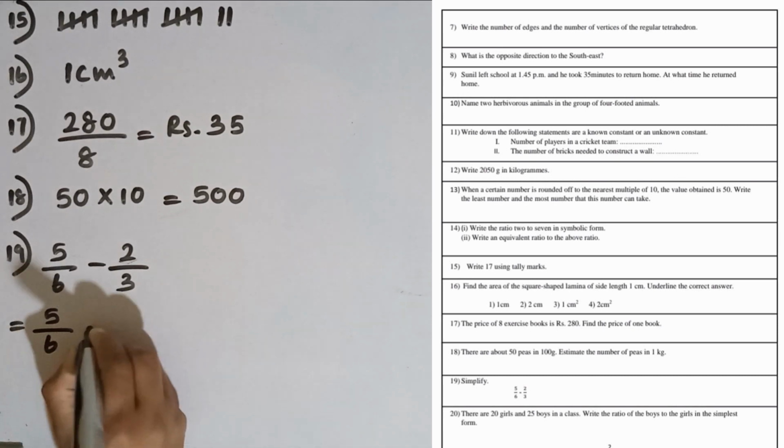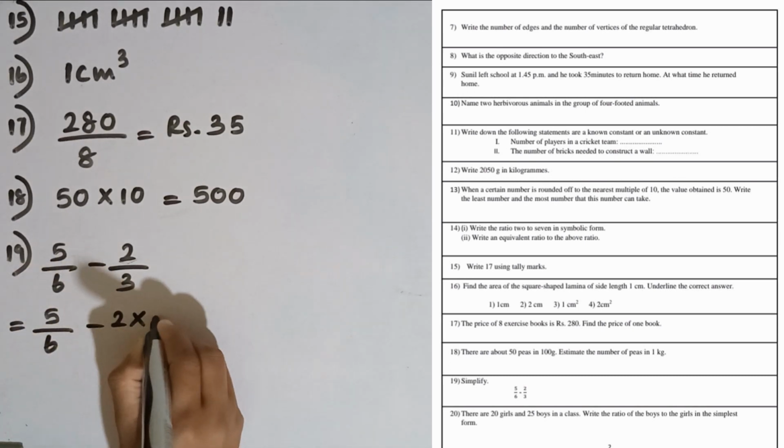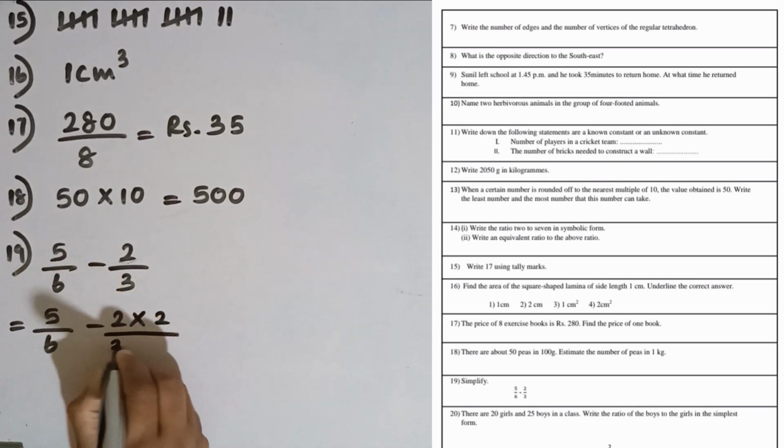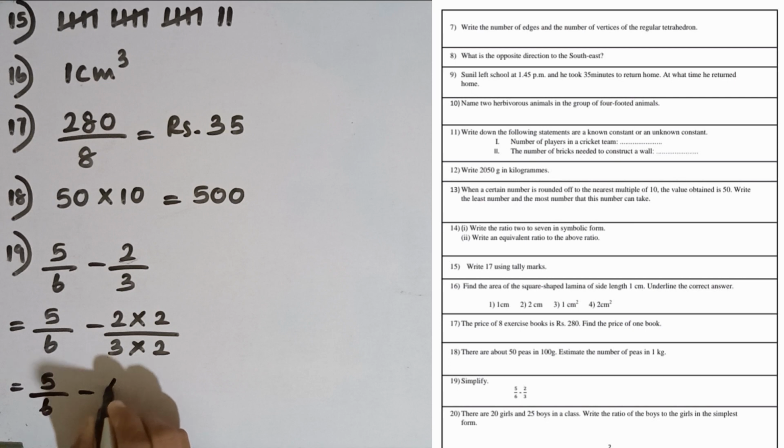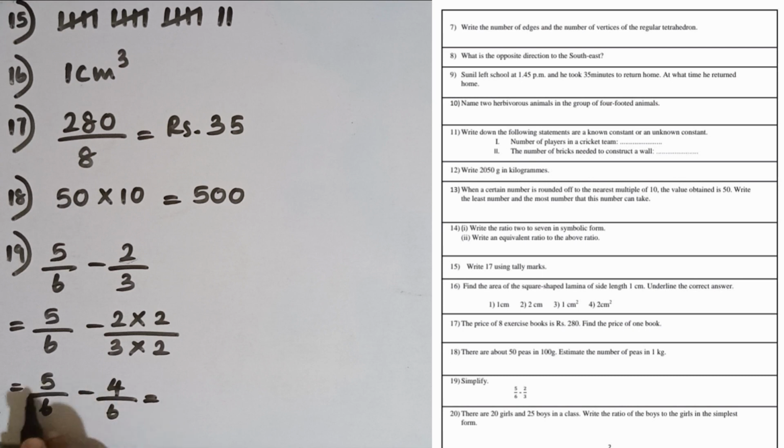Then the second fraction should be multiplied by 2, both the numerator and denominator. So we can write 5 over 6 minus 4 over 6. Now we can subtract the two numerators as the denominators are equal. So the answer is 1 over 6.